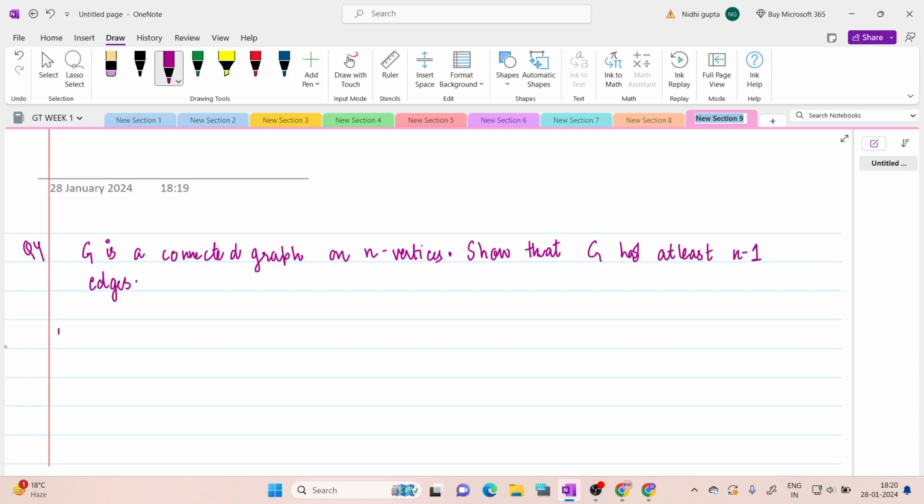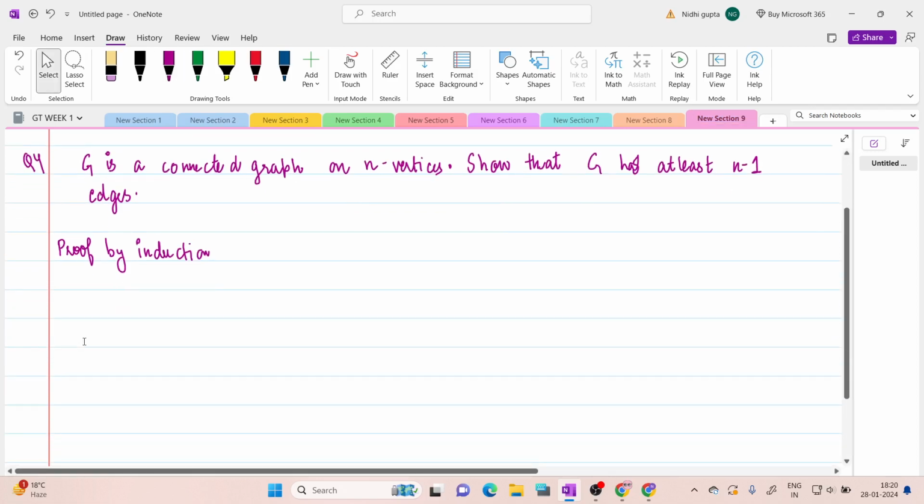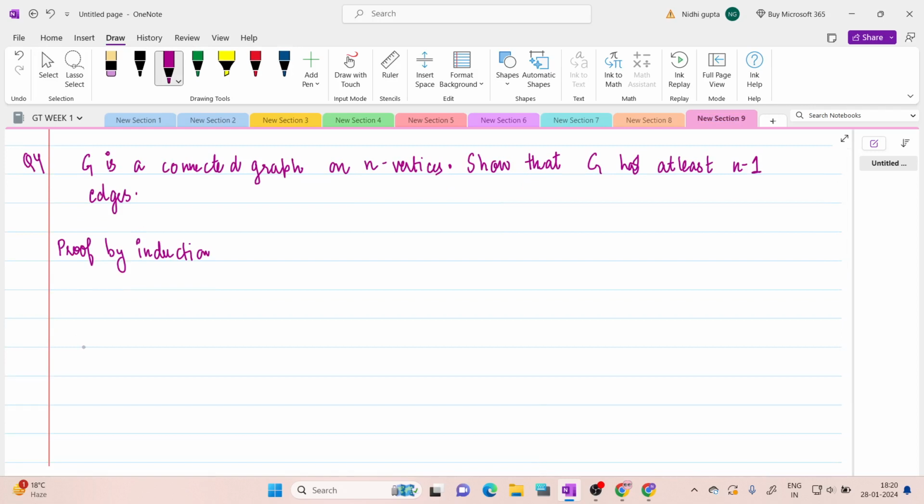We'll prove this by induction. So the question is basically: if G is a simple connected graph on n vertices, we have to show that the graph has at least n minus 1 edges.